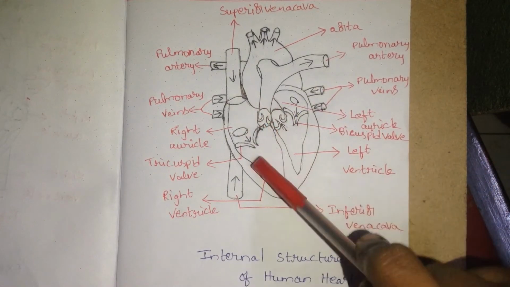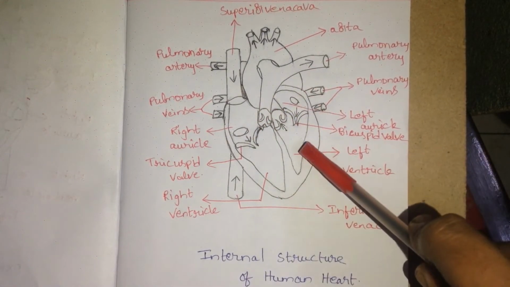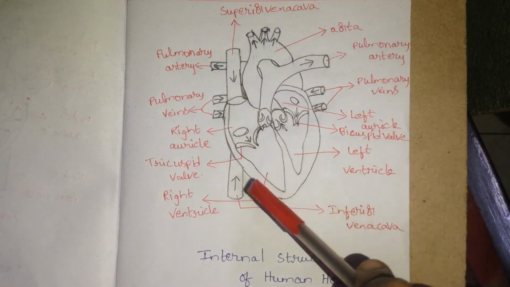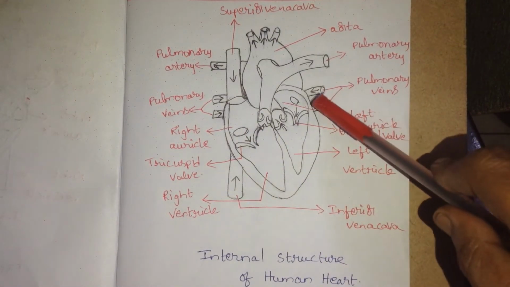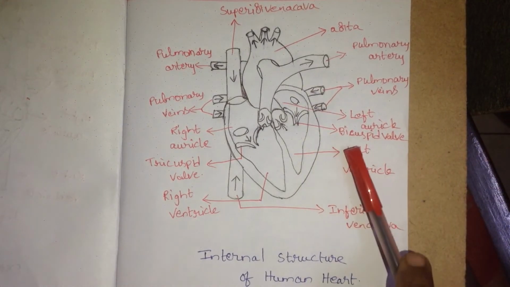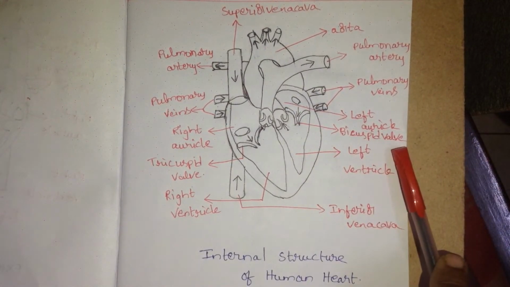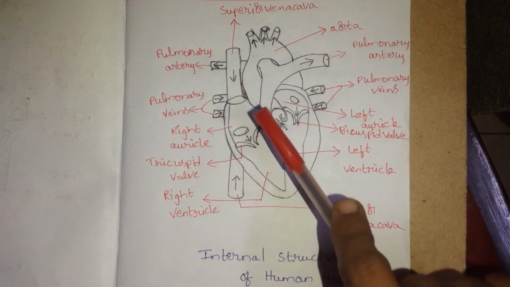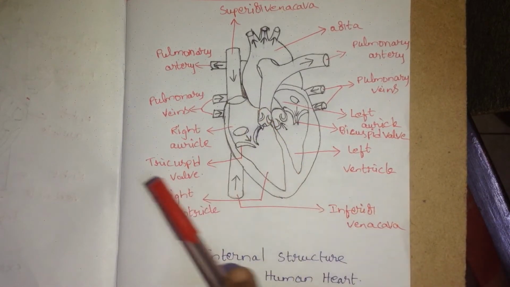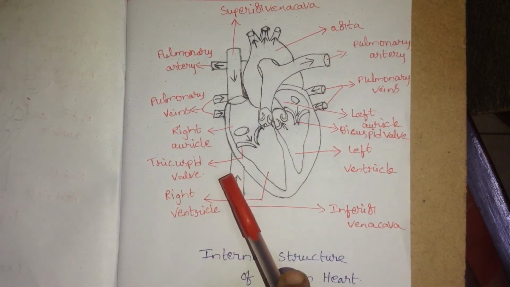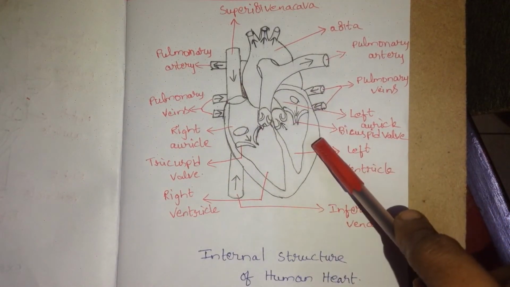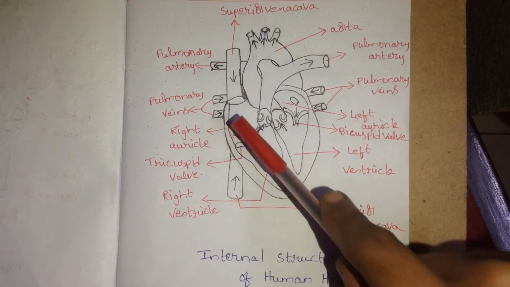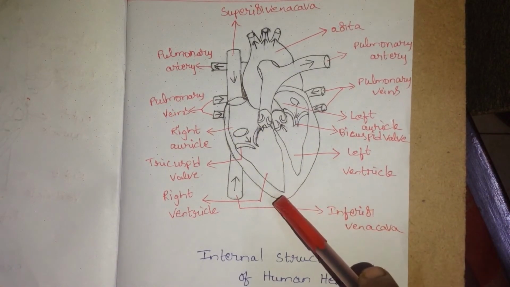These valves are present between left auricle and left ventricle, and right auricle and right ventricle. The valve between the left auricle and left ventricle is called the bicuspid valve. And the valve between the right auricle and right ventricle is called the tricuspid valve. These valves act like doors which allow the flow of blood in only one direction.